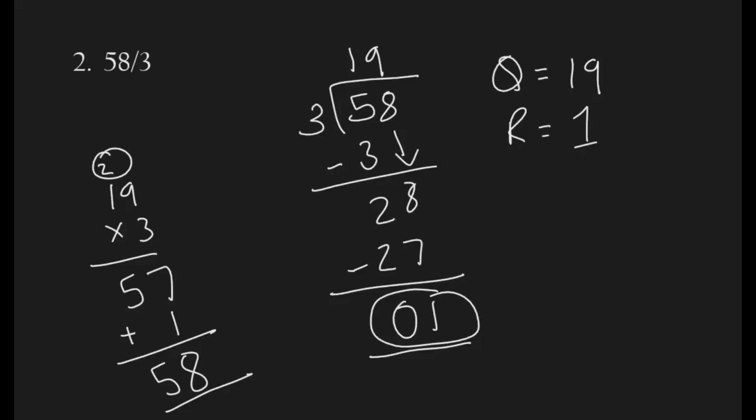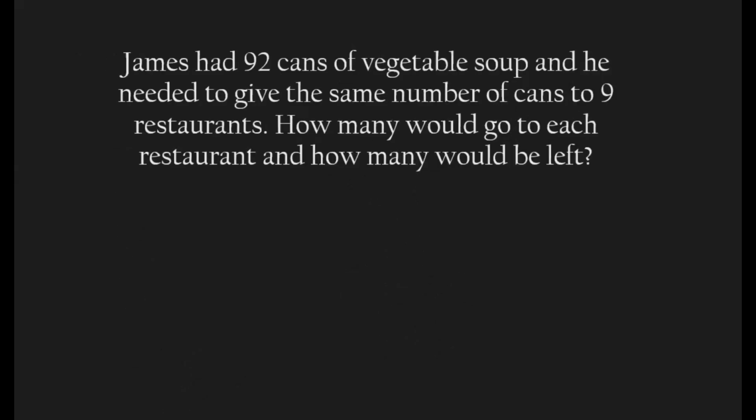Now let's do one more problem. This time, it's a word problem. Don't worry, it's still just as easy. So what we're going to do is let's read the question first. James had 92 cans of vegetable soup, and he needed to give the same number of cans to 9 different restaurants.